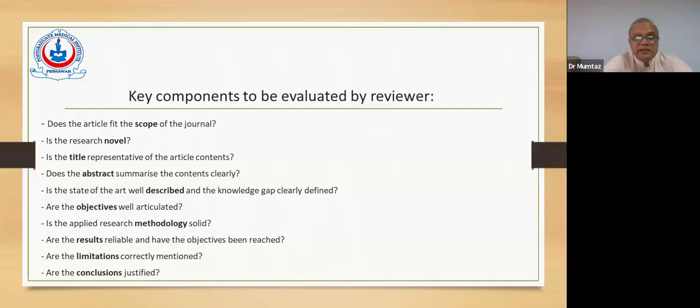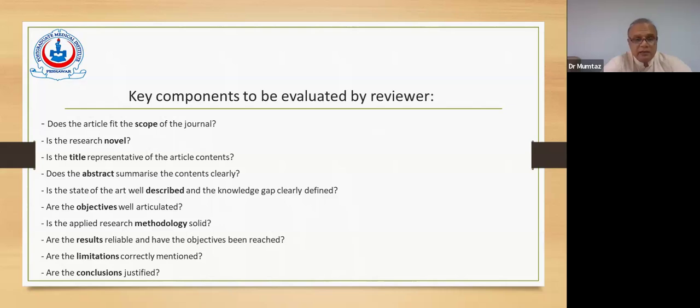Is the paper well described, and has the knowledge gap which was identified in the introduction been defined clearly? The objectives are well articulated according to the title. The methodology applied is correct, solid, updated, valid.